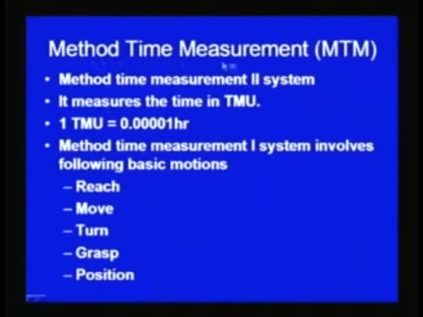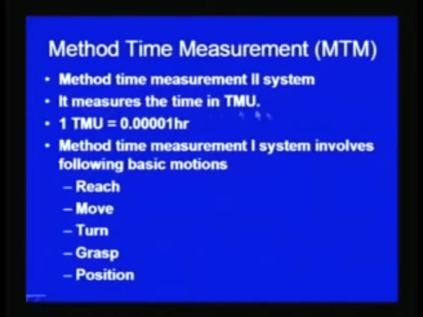The method time measurement system, in short known as the MTM method, is another PTS system or predetermined motion time system. Many method time measurement systems have been developed, like 1, 2, 3. Here I will be talking mainly about MTM-2, that is the method time measurement 2 system.